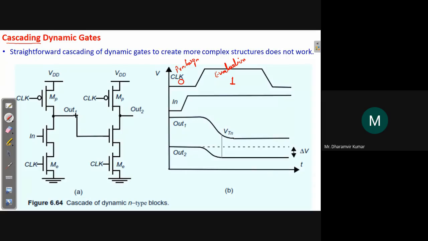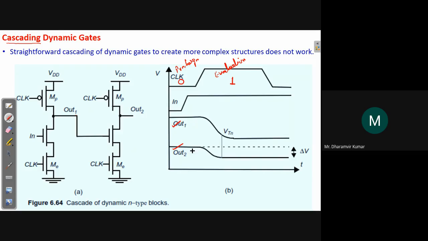the output 1 should be high. Output 1 would be connected to VDD. So this is high, right? Output 2 will also be connected to VDD because the same clock is feeding these two dynamic gates. So output 2 is also high.